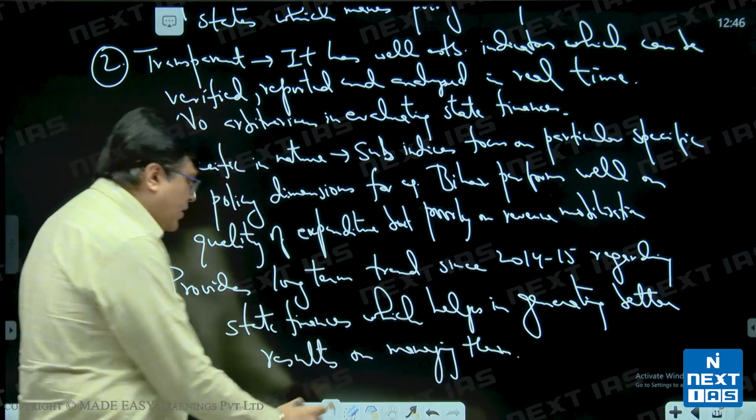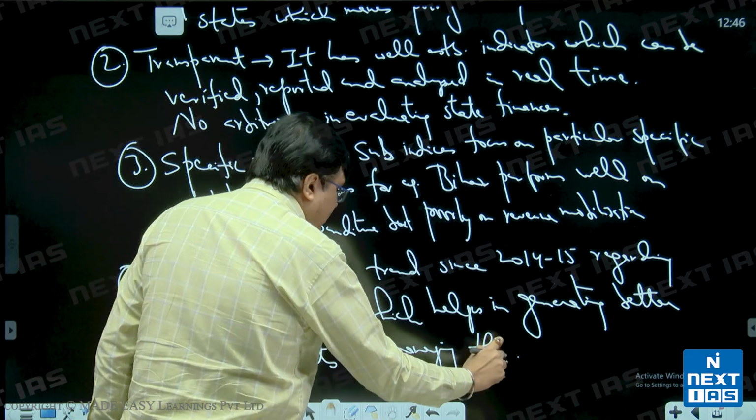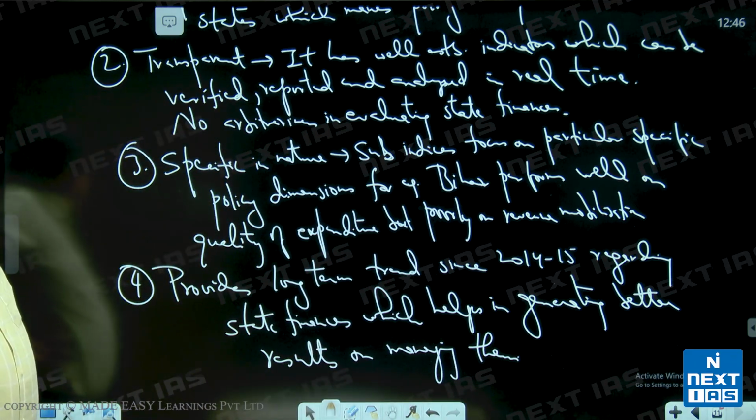Policy solutions and suggestions can be given much more clearly. So these are the four ways in which we can consider it very effective as an indicator.